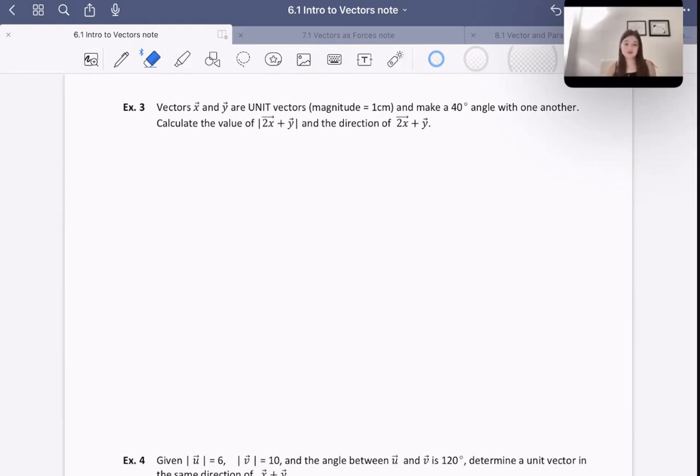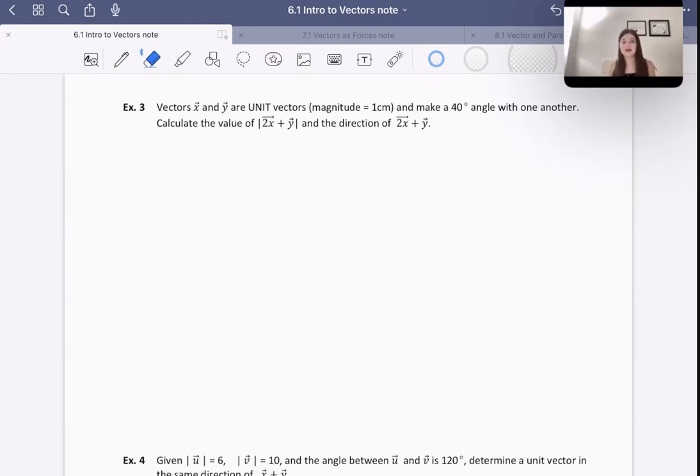So let's do a couple more examples. Let's do 2 more examples of this. Here it says vectors x and y are unit vectors. So what are unit vectors? I need to introduce those for those who maybe are unfamiliar with the concept. A unit vector means the vector has a magnitude of 1.